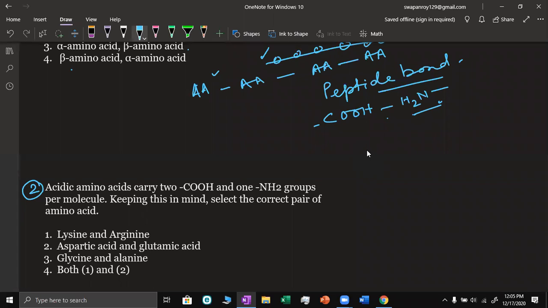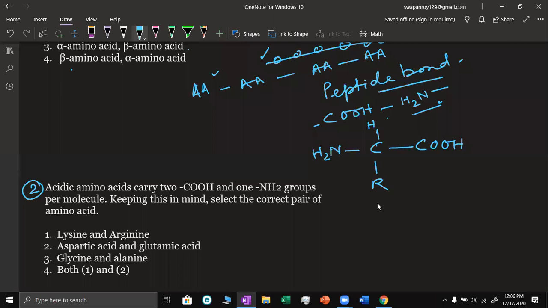So in the amino acid, this is H, this is R, this one is N, this side is C, OH carboxylic group, and this side is NH2 amino group.